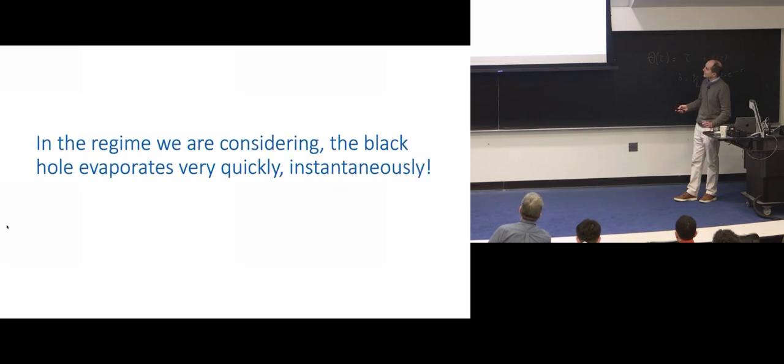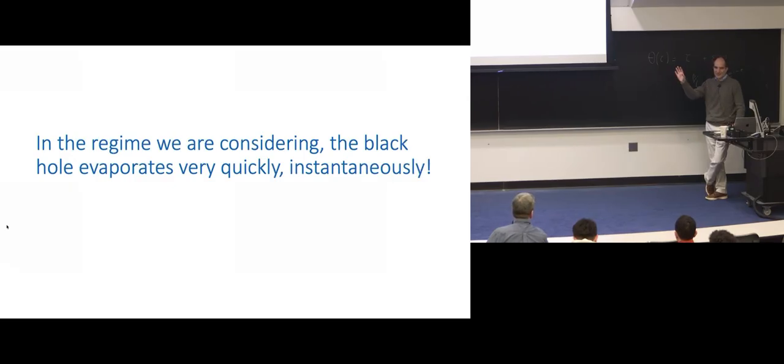And first of all, before I tell you what the answer is, let's just see what we expect to find. In the regime we're considering, a very long time regime, the black hole evaporates almost instantaneously. So you send some excitation to the black hole and it evaporates almost immediately.